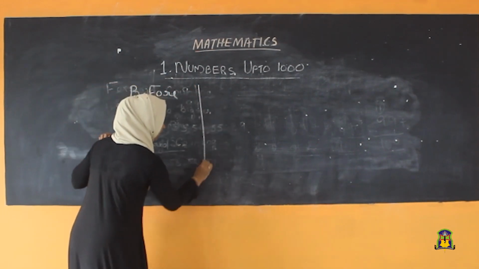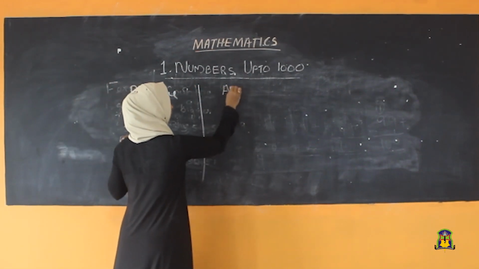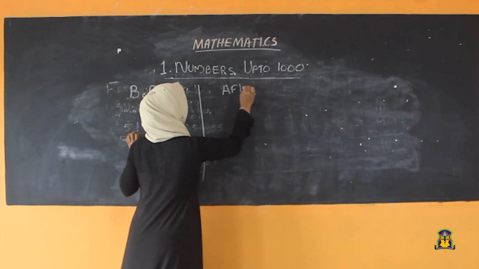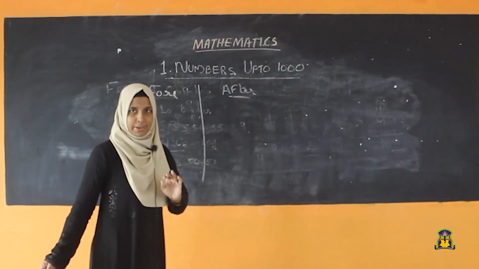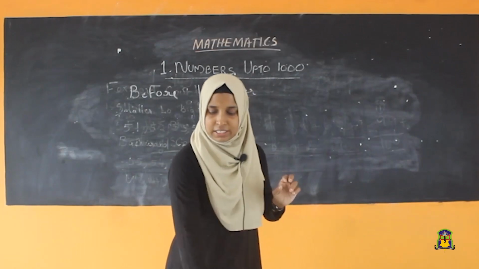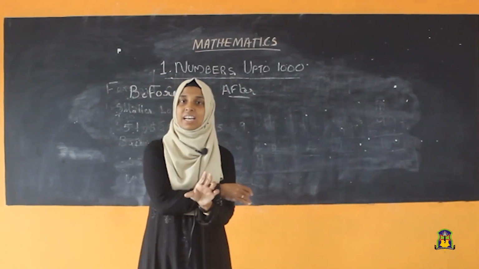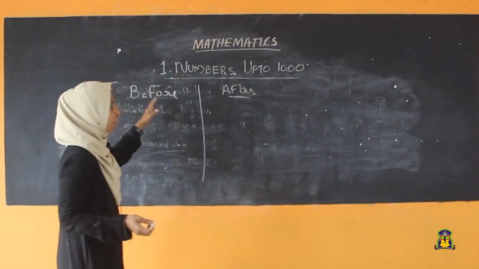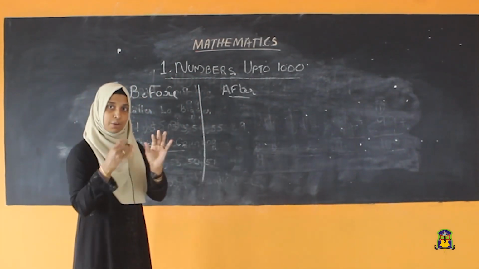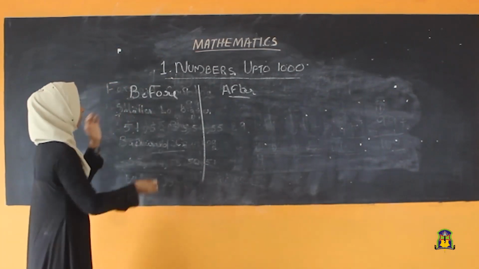Before and after. If a number is given, we want to write the number before the given number and after the given number. Before means munbu, after means kazhinju.